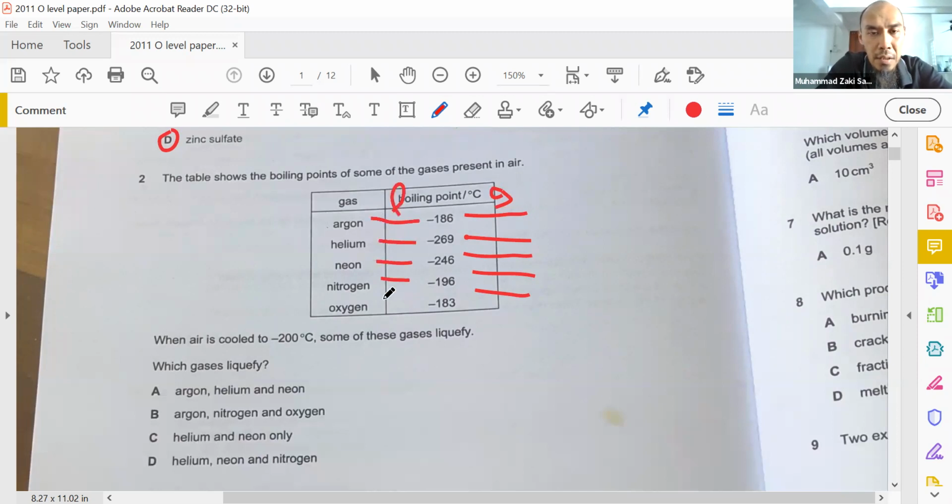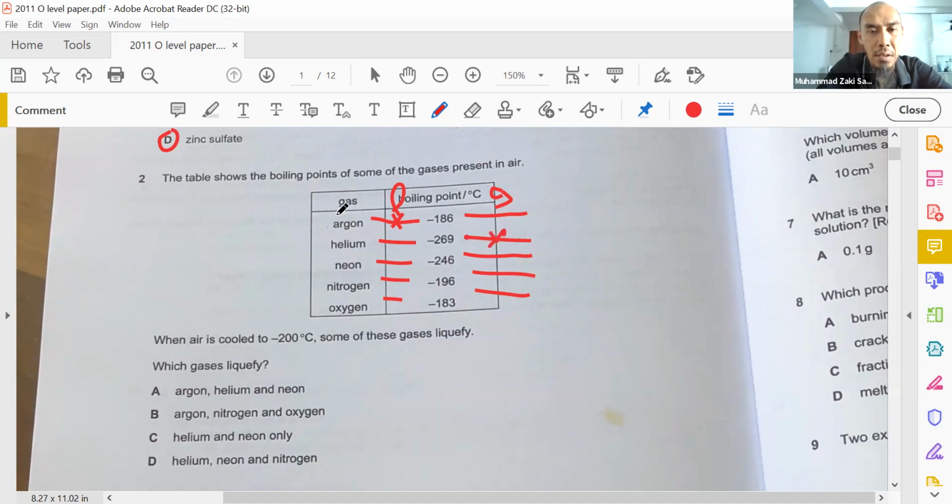So we need to align this accordingly. So where is -200 for each line? Now for argon, the -200 should be in the liquid part. Remember the number line. The more negative the number is, it should move to the left. Helium -200 should be here.